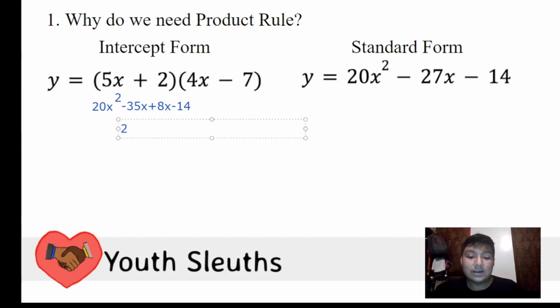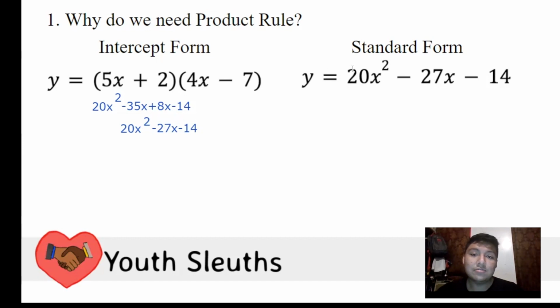Now we simplify that. We'd get 20x squared minus 27x minus 14. So these two are the same quadratic, just in different forms.